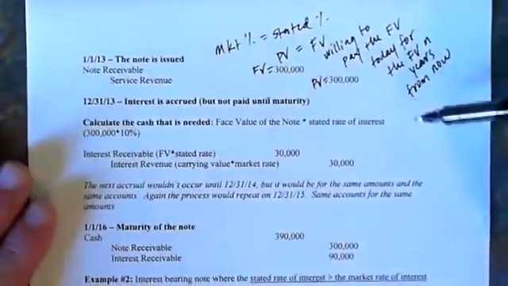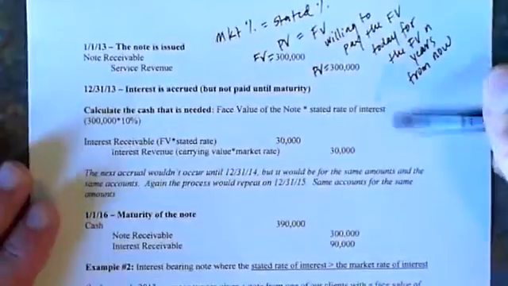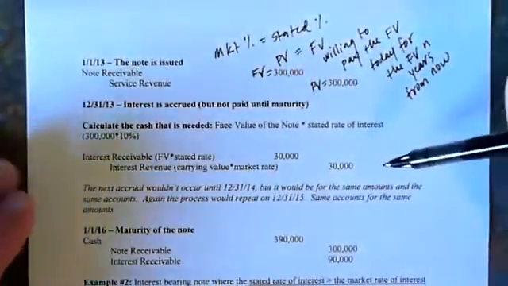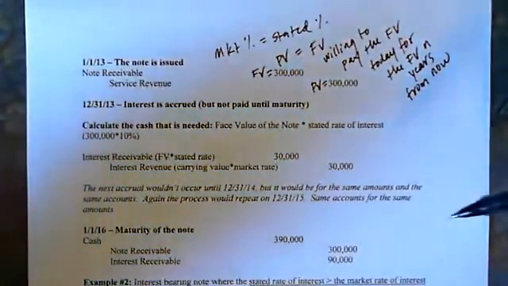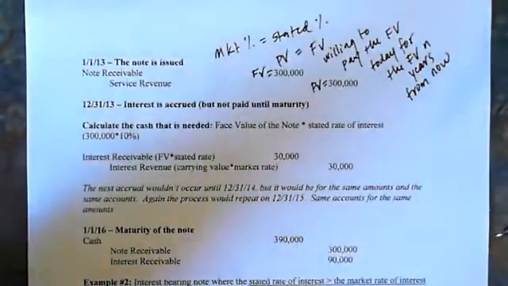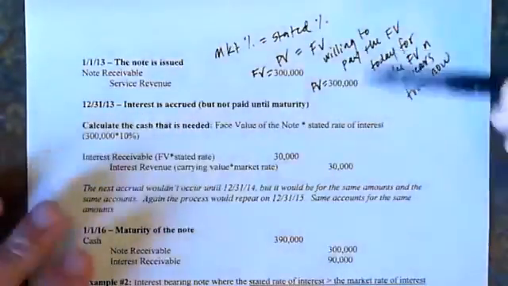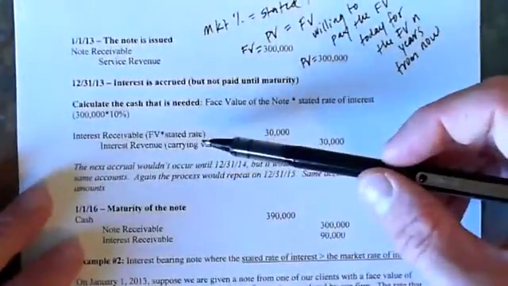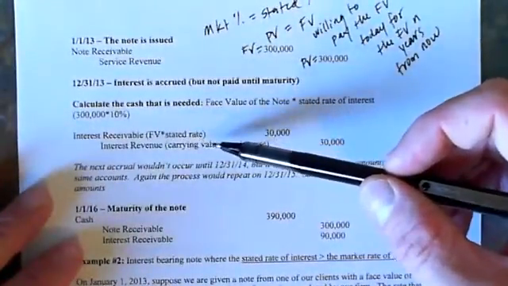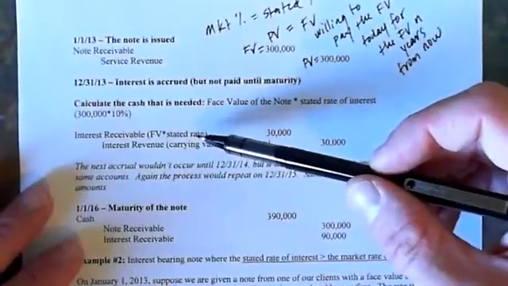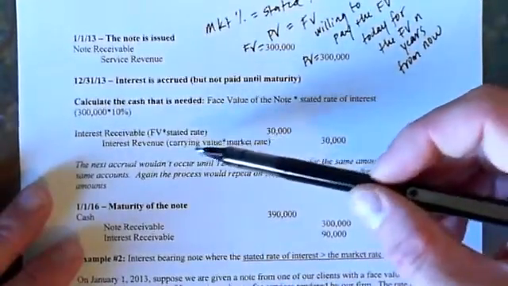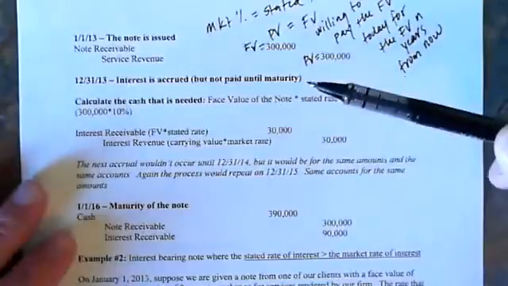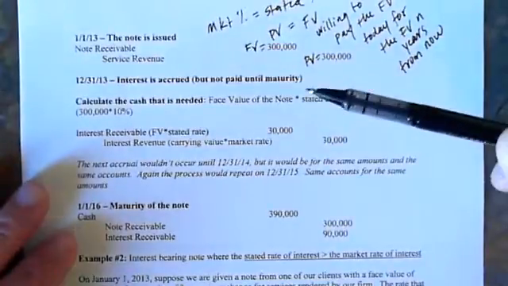Now, at the end of the year when we accrue interest, again, nothing really interesting happens under the state where the market and the stated rate are the same, because we have very fixed calculations for the amount of interest I am to receive, either in cash or as an accrual, and the interest revenue that I would recognize at the end of any period.